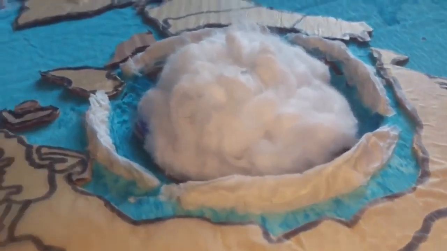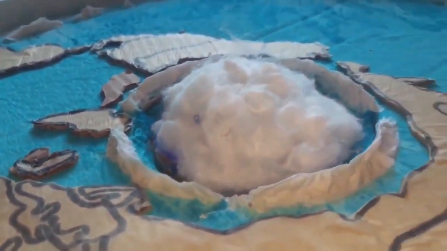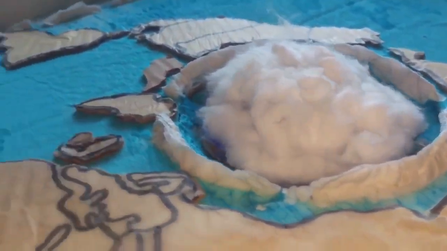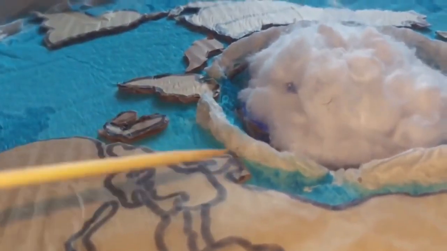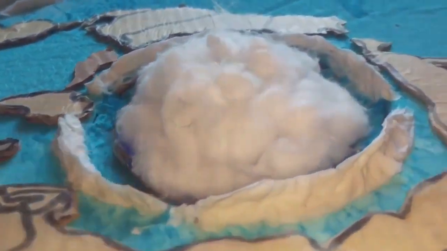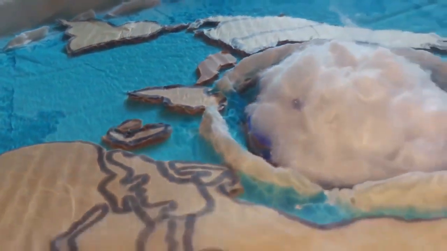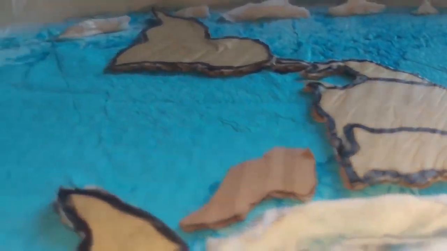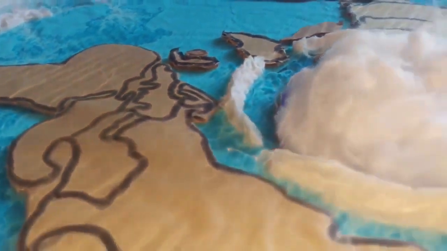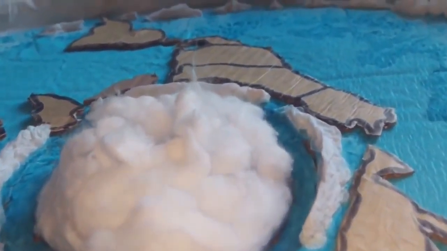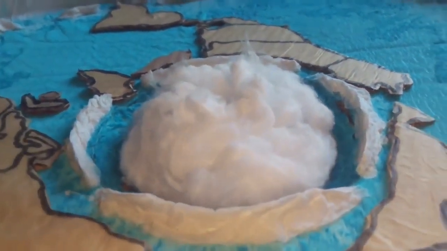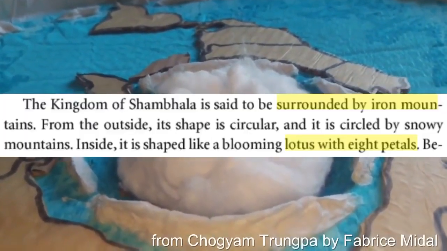Okay? If we're to look at ancient texts and accounts, there is a mountain range that encircles this Arctic region. Okay? The Vedics call it the mountain range that circles Shambhala like a lotus flower.